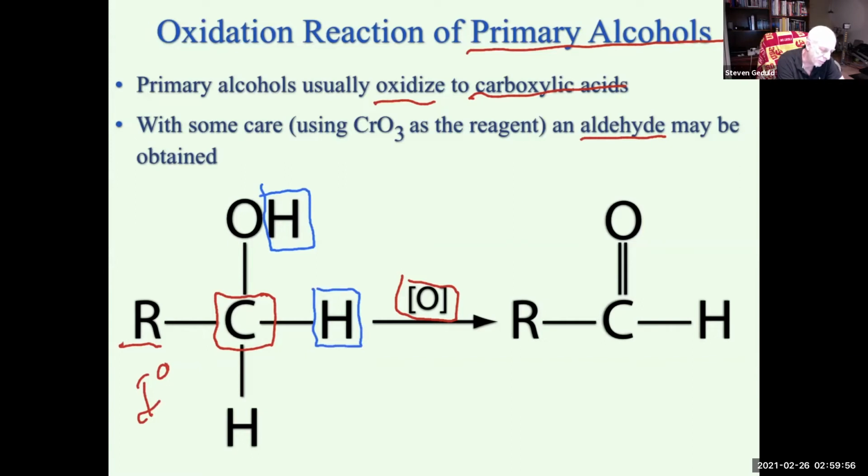One of the electrons from the bonds goes down here when it gets broken. One of the electrons from the bonds goes here when it gets broken, causing a double bond. And this produces an aldehyde. Okay. So primary alcohols oxidize to an aldehyde.